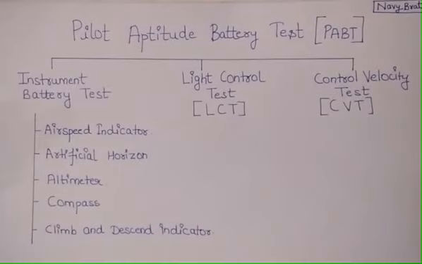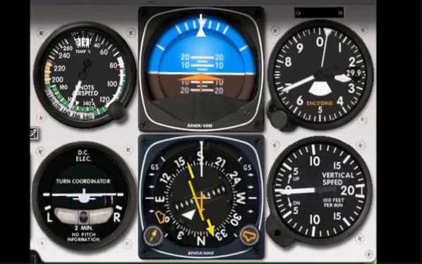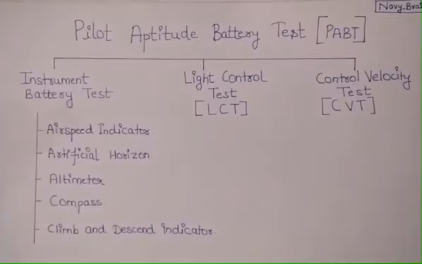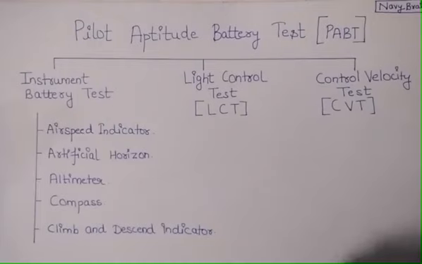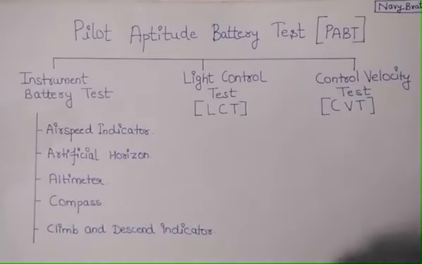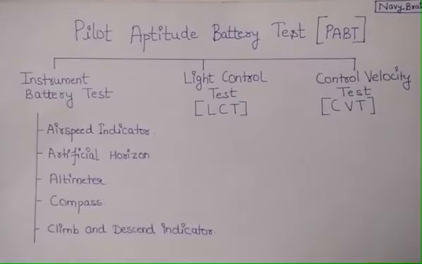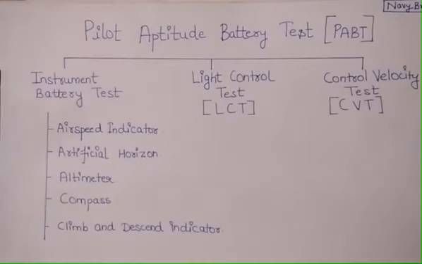Picture 1. In this particular picture, the first meter shown is the airspeed indicator, and the speed marked is between 150 and 160, particularly 155 knots. The second one is the artificial horizon.